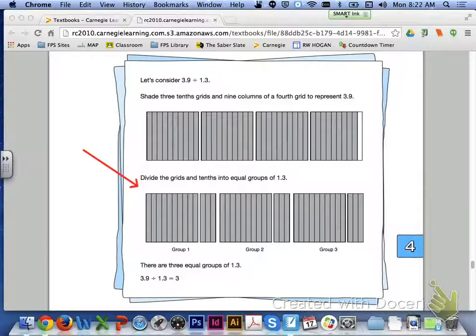Then we want to divide the grids and tenths into equal groups of 1 and 3 tenths. You can see that when we do that, there are 3 equal groups with 1 and 3 tenths inside of each. So 3 and 9 tenths divided by 1 and 3 tenths is going to be 3.